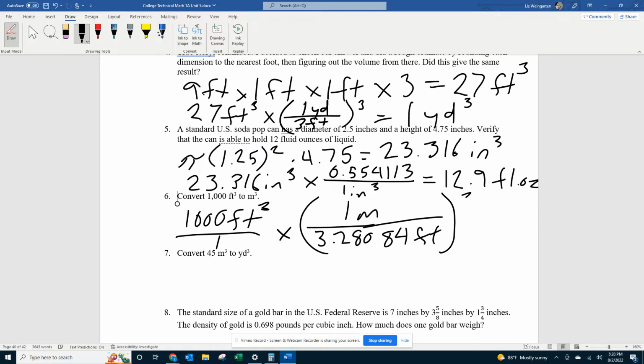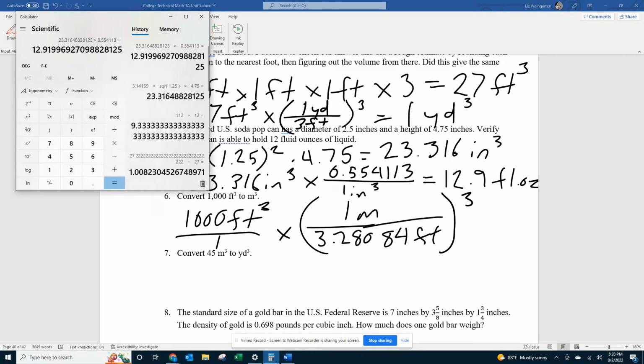So we're going to cube that whole thing, pull up the calculator, 1,000 divided by 3.28084 cubed.